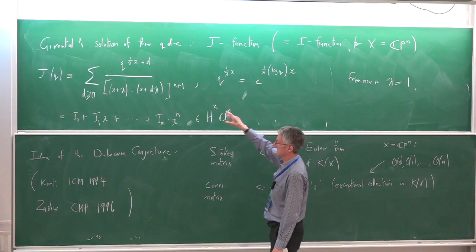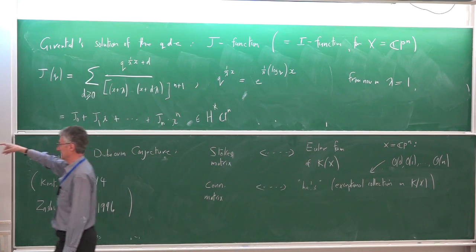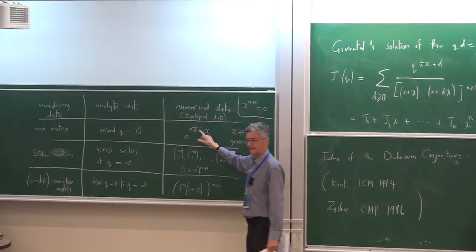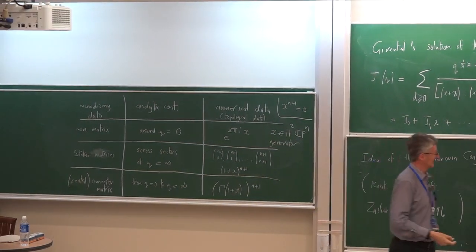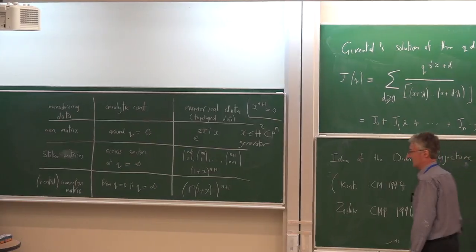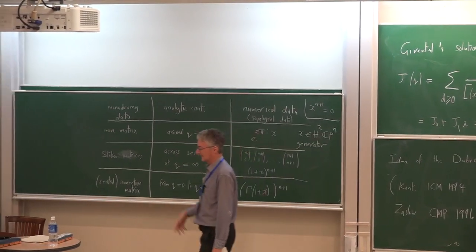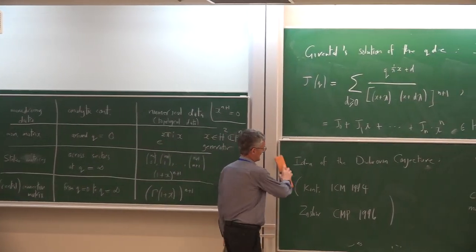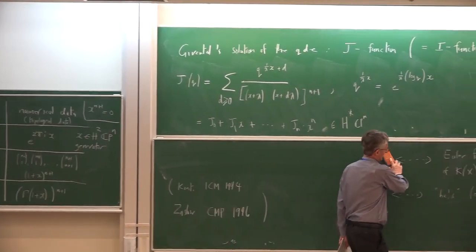So this is a convergent series to 0. So this is related to the monodromy, and of course that's where the e to the 2 pi i x comes from. So that's a very nice kind of reformulation of the Frobenius solution as a cohomology valued solution.